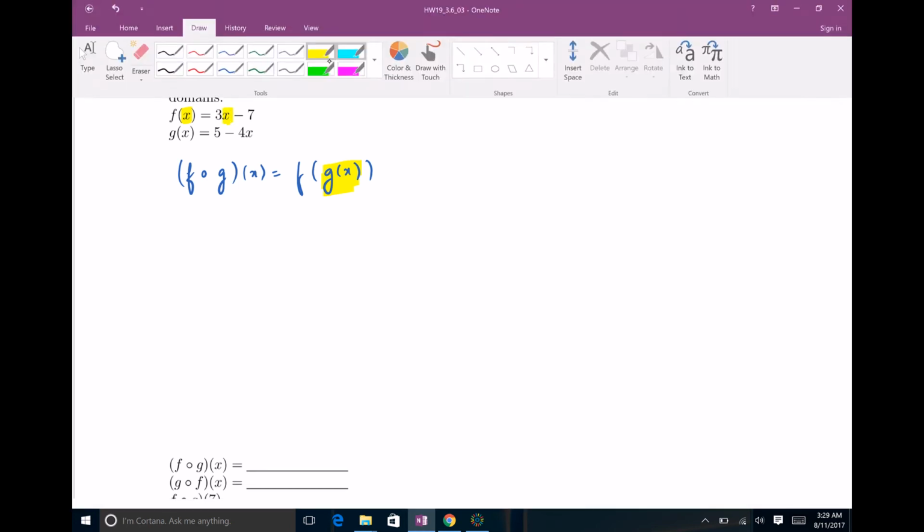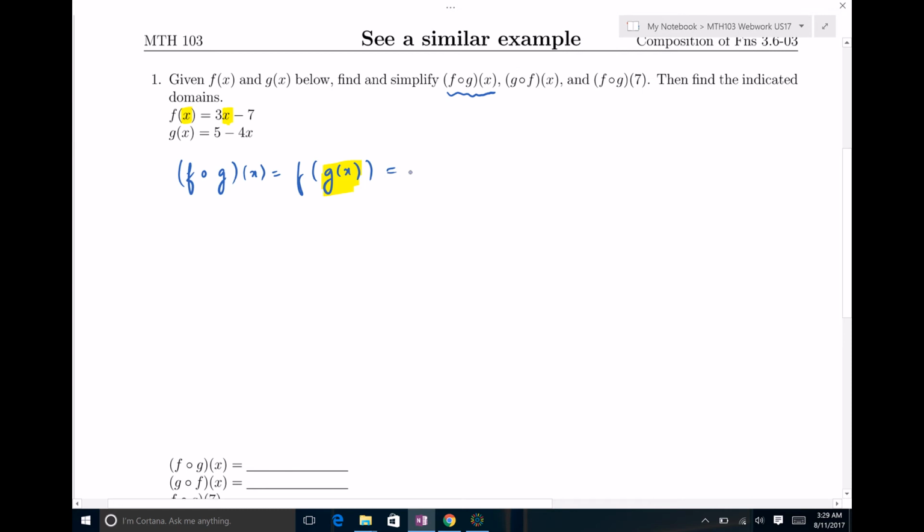g of x. So this is going to equal f of, now g of x is 5 minus 4x. So I have to find f of 5 minus 4x. What happens when you take f of a number is you multiply 3 times the number. So 3 times 5 minus 4x, minus 7.